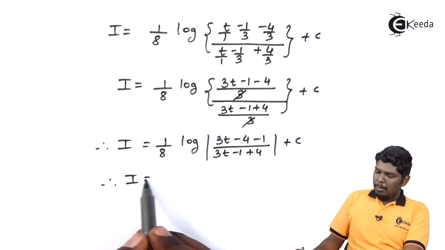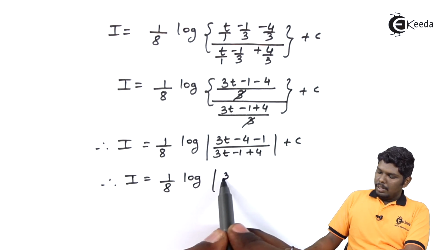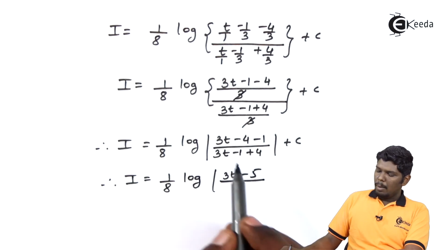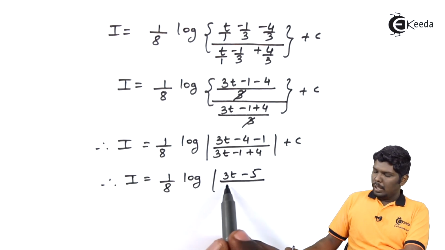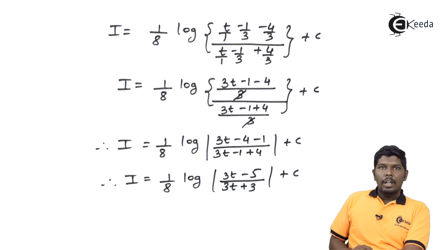Therefore the final answer will be 1 upon 8 log, 3t minus 4 minus 1 will give you minus 5 upon minus 1 plus 4 will give you plus 3. Now in the last step we need to resubstitute the value of t as tan x.